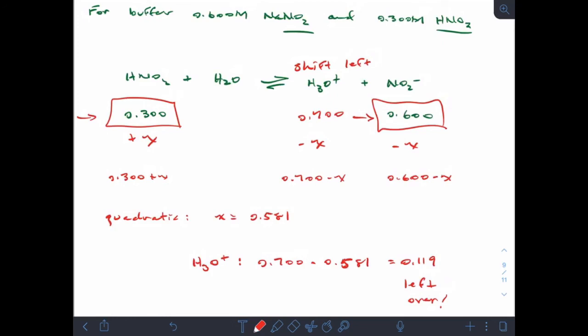Conversely, if I add more than 0.3 molar base to my system, my acid, which is the HNO2, has to take care of that. So if I add more than 0.3 molar base, I don't have enough acid left over to neutralize it all. Telling what the buffer capacity is is directly related to the concentrations of the two components.